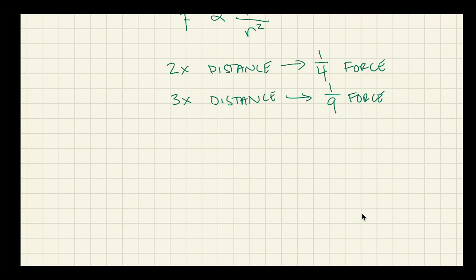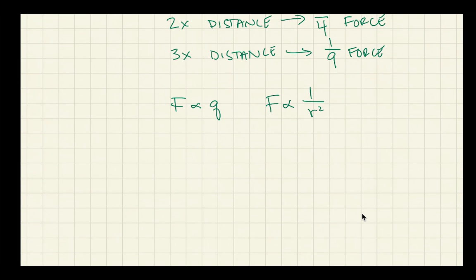So when you put these two things together, we say F is proportional to Q and F is proportional to 1/r squared. That leads us to Coulomb's law, that the electric force is going to be directly dependent on Q1 and Q2 and inversely dependent on the distance squared. And the last thing that we have here is this constant K, where K is just a number.